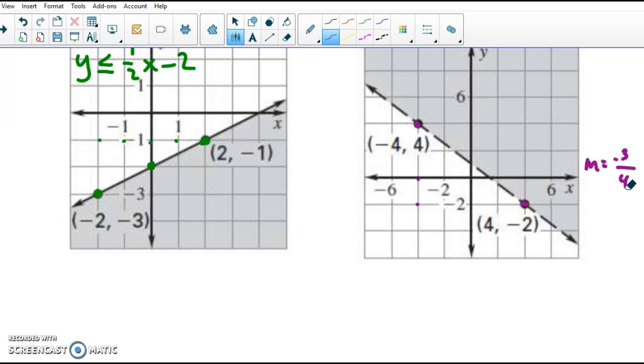So I have my slope, and I don't know my y-intercept, so I'm going to use one of my points to substitute in here and help me find my y-intercept. So I'm going to go ahead and use the point (4, -2). So I'm going to put 4 in for x.